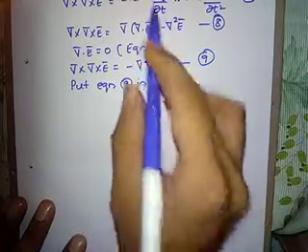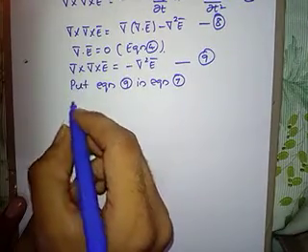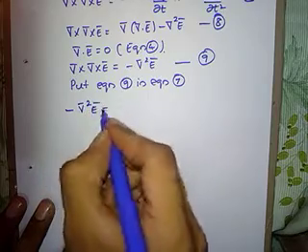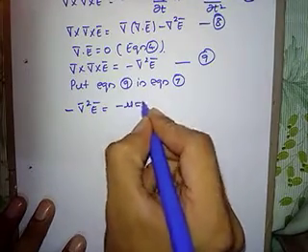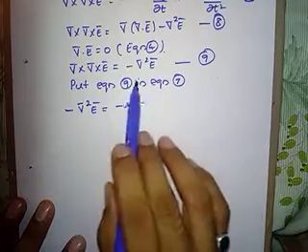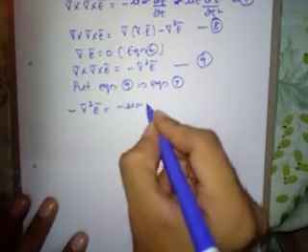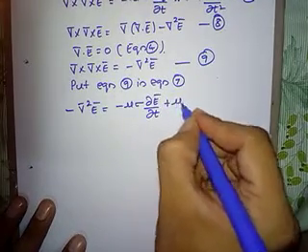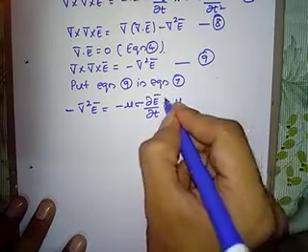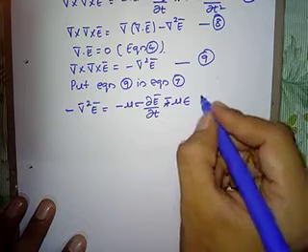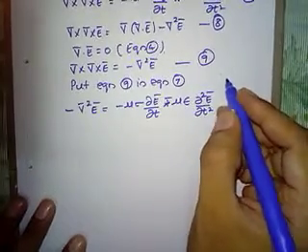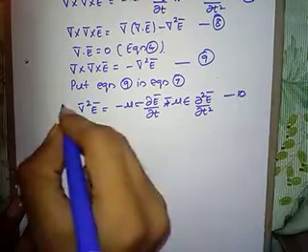If you put equation 9 in equation 7, minus del square E bar is equal to minus mu sigma dou E bar by dou t, plus minus mu epsilon dou square E bar by dou t square, right? Take it as equation 10.